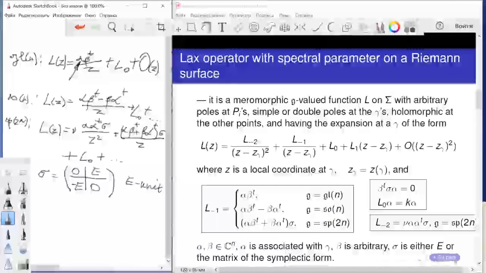You can observe that alpha alpha t and alpha beta t plus beta alpha t are the simplest symplectic matrices which can be formed from two vectors.